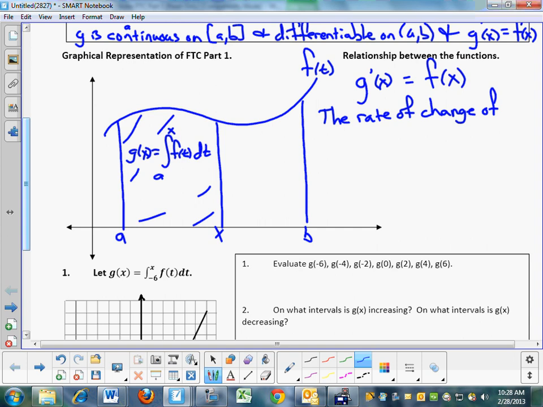So the derivative, the rate of change of g of x, and g of x is the area function. So the rate of change of the area function is f of x.